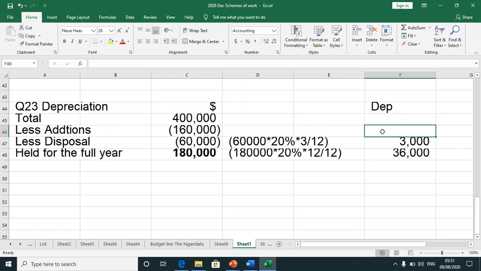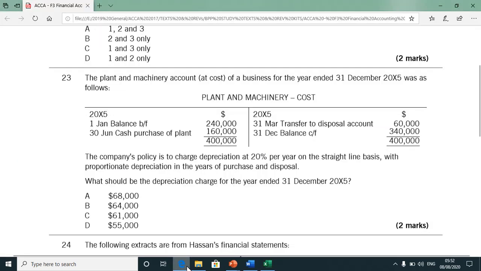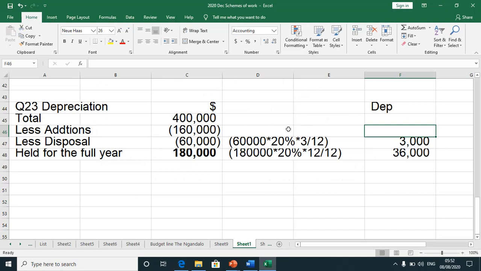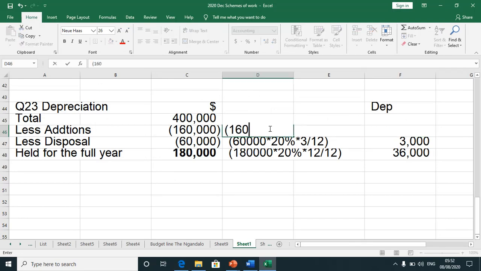Then finally we have the 160. When did we buy these assets? We bought these assets halfway through the year, so 6 months held. You can always check that. 160 multiplied by 20%, multiplied by 6 over 12.